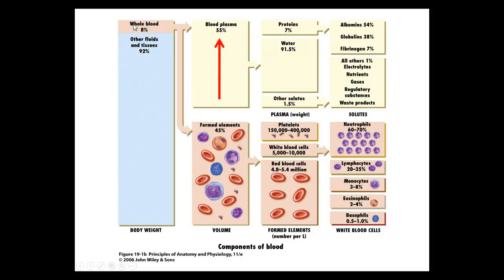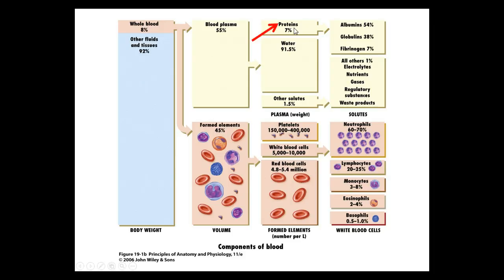Okay, so let's break whole blood down. It's only about 8% of our body weight. Let's break that down into its components. And I know this picture looks a little daunting, but we'll break it down into its parts. The plasma, again, is the fluid and its solutes, and that's, of course, primarily water.